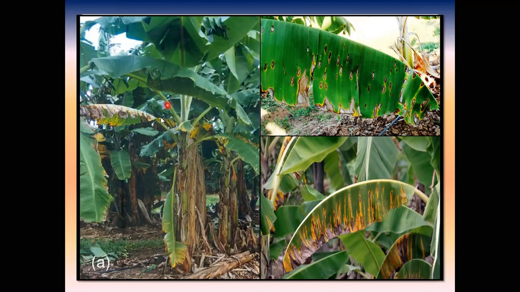Then we see which type of symptom is produced by the Sigatoka leaf spot pathogen in bananas. In infected banana plants, the symptom is initially seen on the third or fourth leaf from the top of the plant.